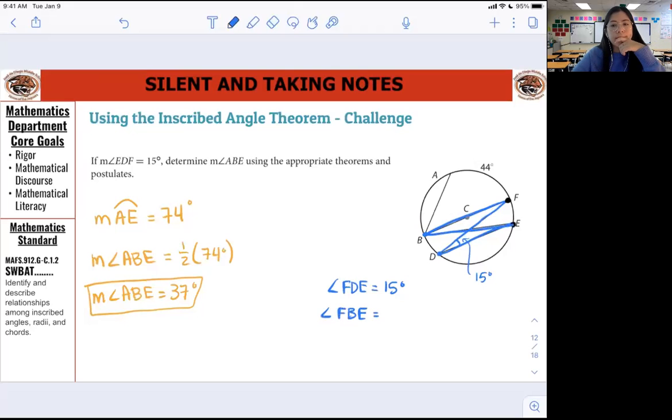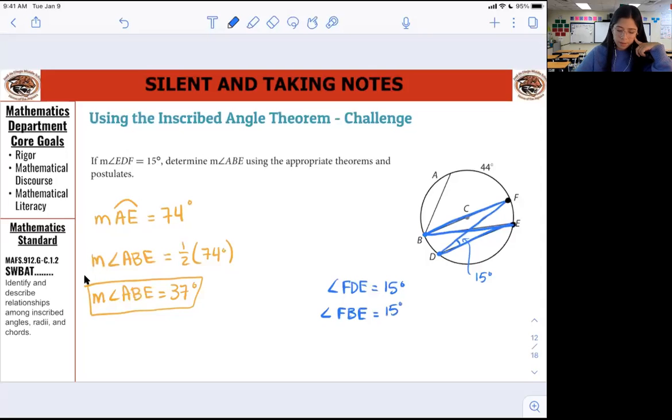Anyone? Good. 15 as well. It's the same measurement because it's going through the same arc.